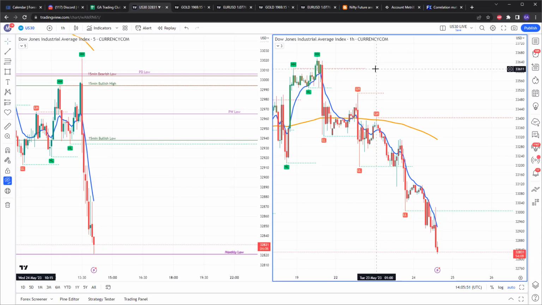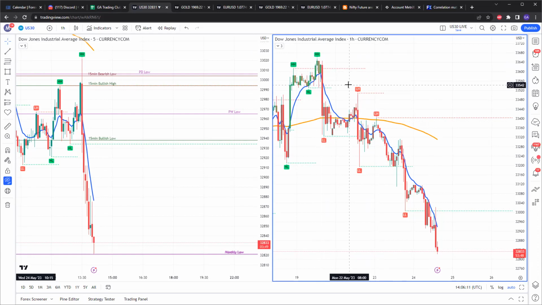I used to start from the monthly time frame and go down to the 15-minute time frame, and then I would find a trend. So for example, here, if price is in a downtrend, I would look for the last bullish candle before the downtrend continued.